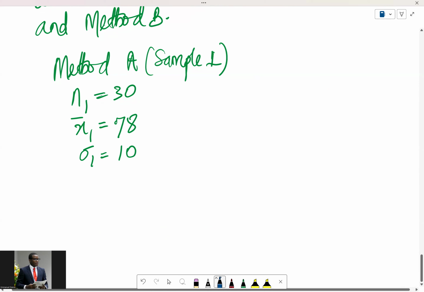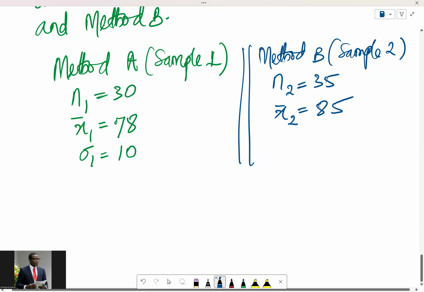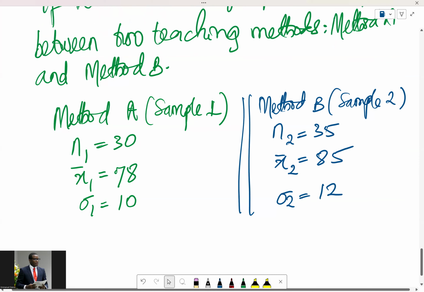On the other hand, we have sample 2, the second teaching method, method B. For sample 2, the sample size n2 is 35. You can see they are obviously large, so that's why a Z-test is necessary. The sample mean for sample 2 is 85, whereas the population standard deviation for sample 2 is 12. So this is the information we have.